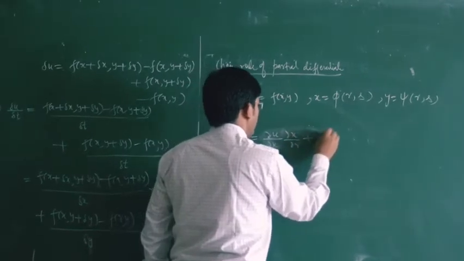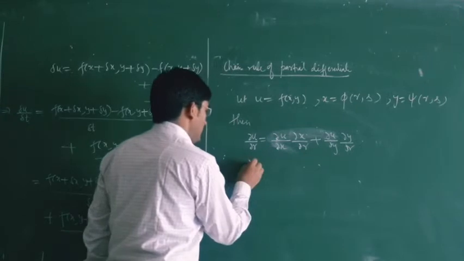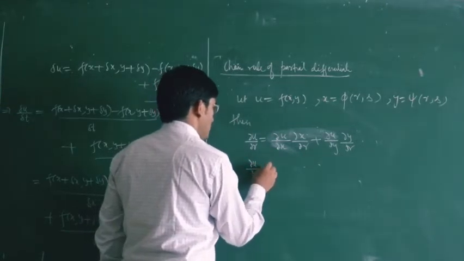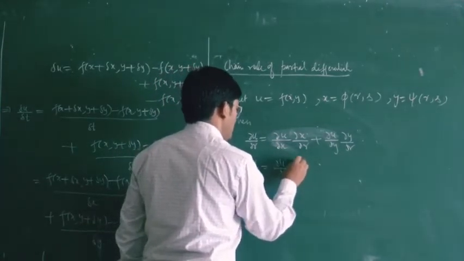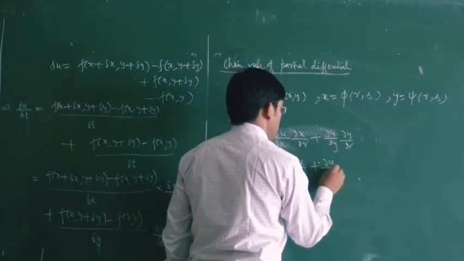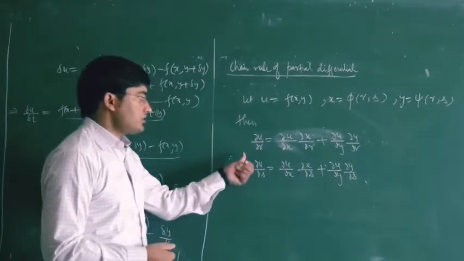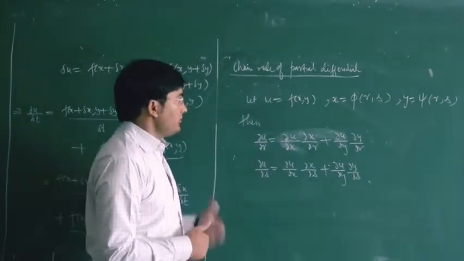Then we will have del u upon del y into del y upon del r, and similarly your del u upon del s will be del u upon del x into del x upon del s plus del u upon del y into del y upon del s. So this is your chain rule of the partial differentiation.